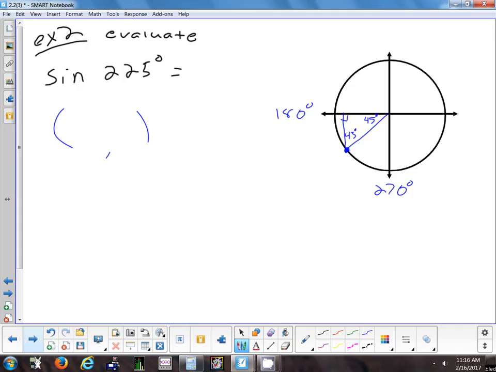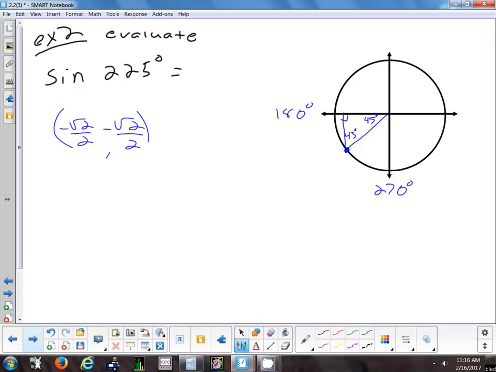So what's going to be the coordinate for 225? How about Mercedes? Can you tell me what the coordinate would be? Negative square root of 2 over 2. Yeah, both of the sides are square root 2 over 2, but you've gone left and you've gone down.